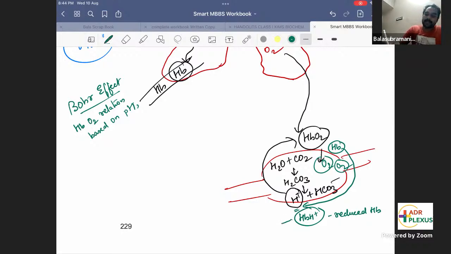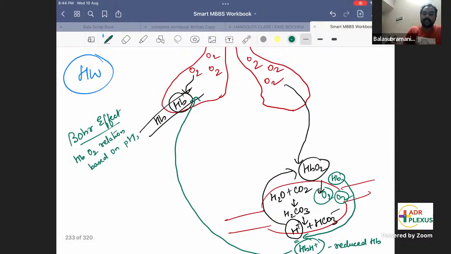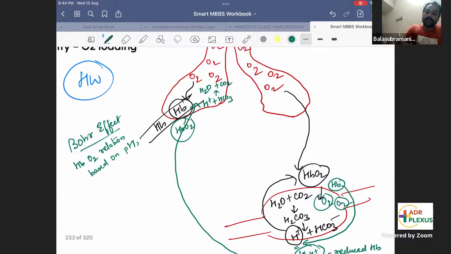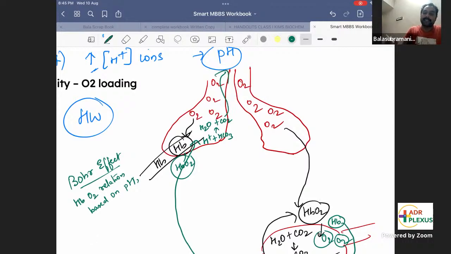Now this H plus containing hemoglobin goes to the lungs. In the lungs there is so much oxygen, and when the oxygen availability is more, Hb will drop the H plus there, and take up the oxygen again. Now what will this H plus do? It will bind with the HCO3 there, convert it into H2O plus CO2, and this CO2 will be expired by the lungs.